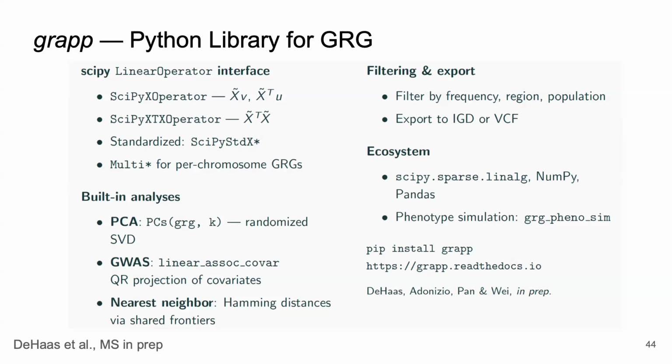We don't do all the checks about whether it's population genetics relevant or not. But I'd be really interested in doing that to see whether we can get a GRG whose hierarchy actually means something. Right now, it doesn't always mean something.